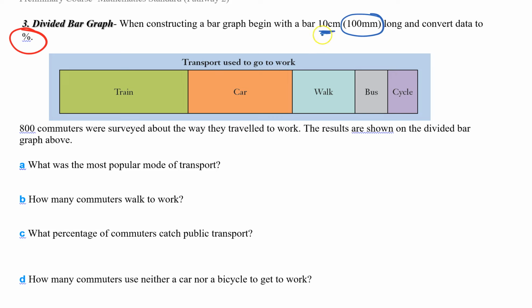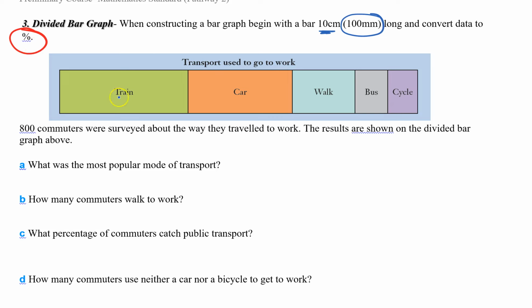Why 10 centimetres? Because 10 centimetres is 100 millimetres. 100 is such a convenient number, especially if our data is presented as a percentage. Again, 100% fills the entire bar.